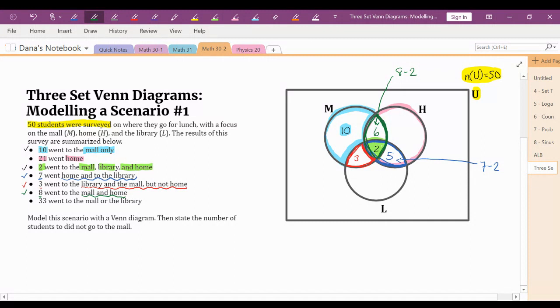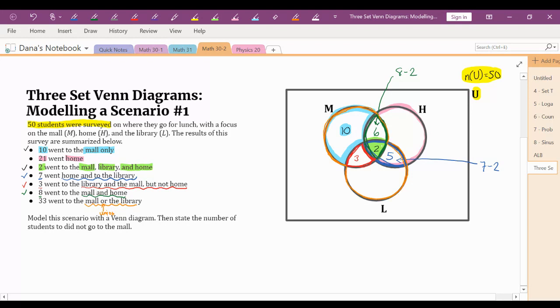33 went to the mall or the library. Or, remember, that would be union. It means that when we unite the mall circle with the library circle, we should have a total of 33 in that union.